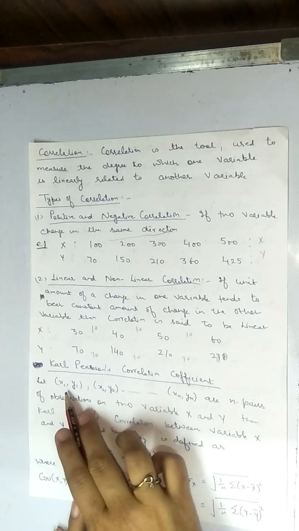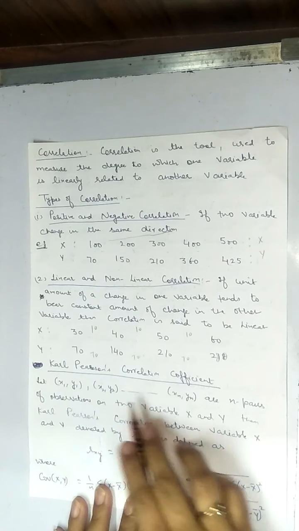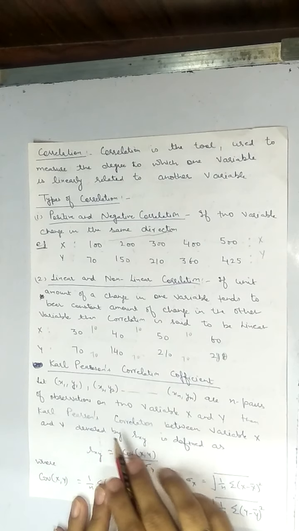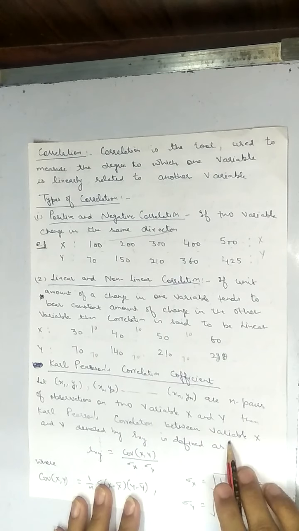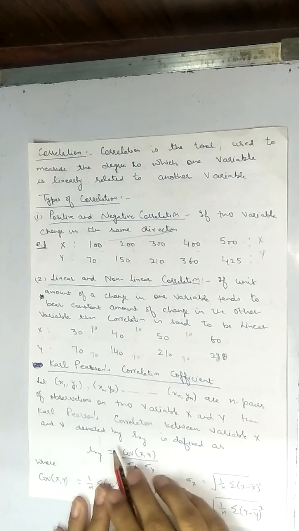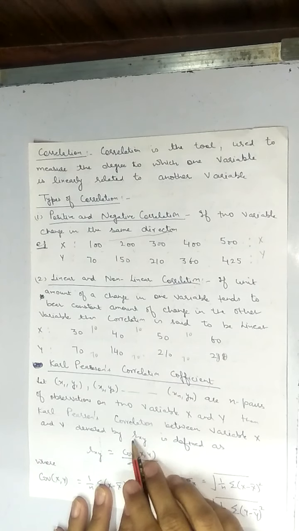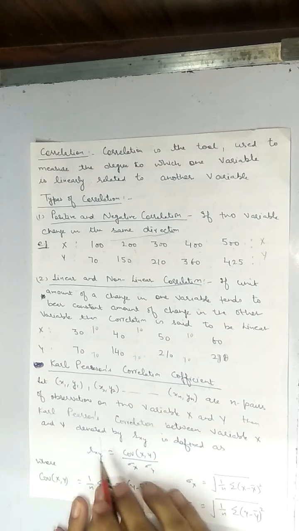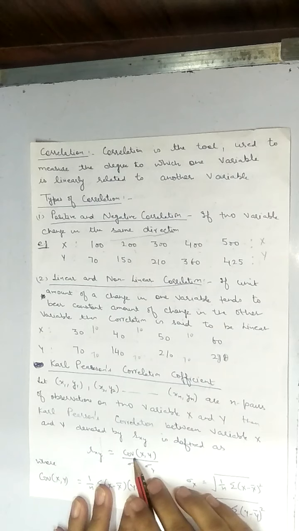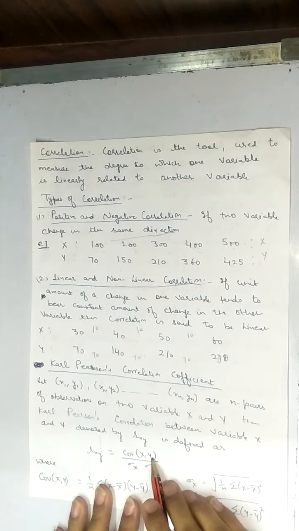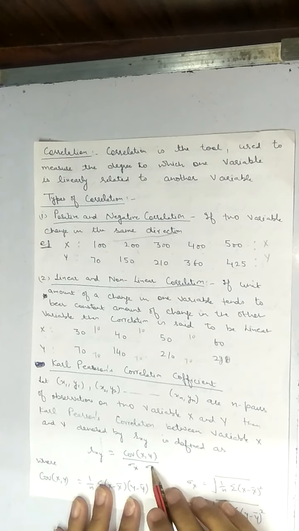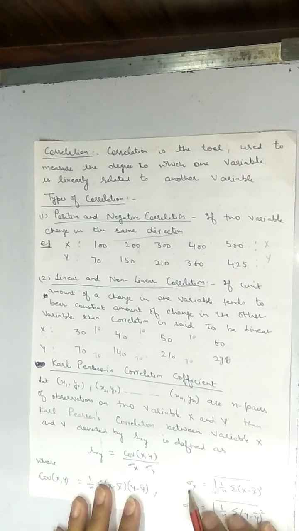That means the observations of x and y are given. Then the Karl Pearson correlation between the variables x and y, denoted as small r xy, is defined as r xy equals covariance of x comma y upon standard deviation of x and standard deviation of y.